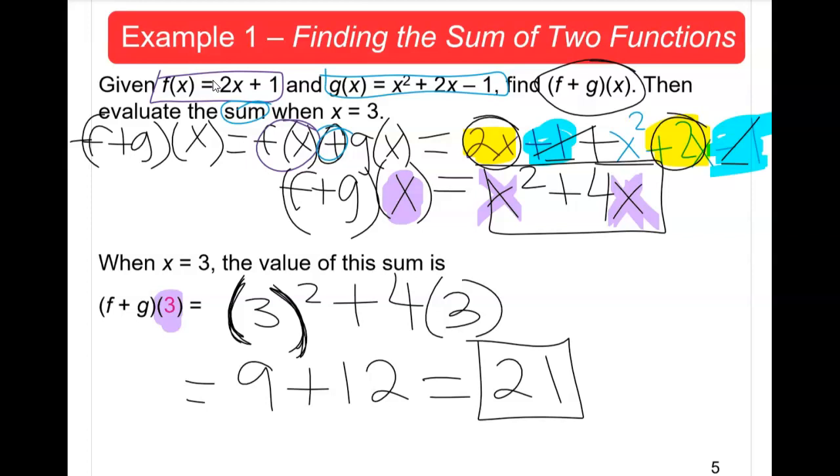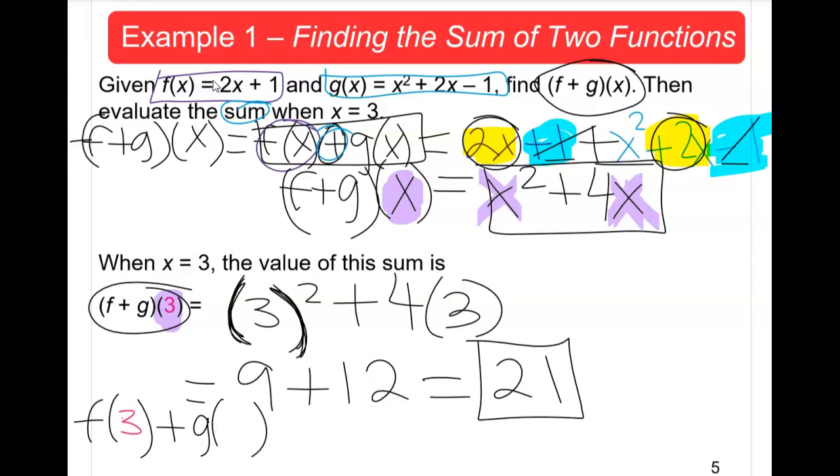Now, we could have found this by using the definition of the sum of two functions, right? So we could also do something like this. f plus g of 3 is f of 3 plus g of 3. So it's saying when x is 3 in both functions, what will be the result? If I substitute 3 into function f, it will be 2 times 3 plus 1.